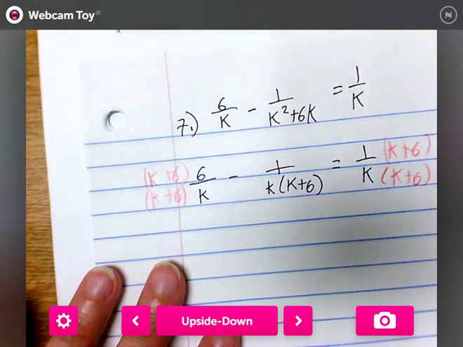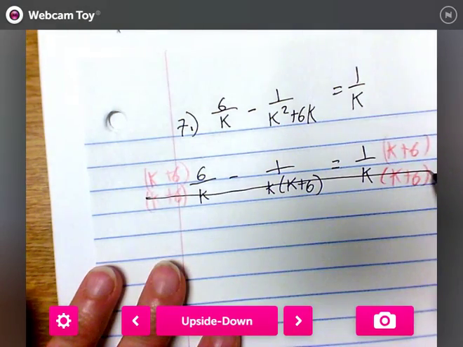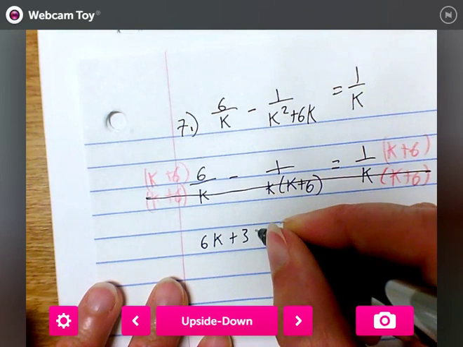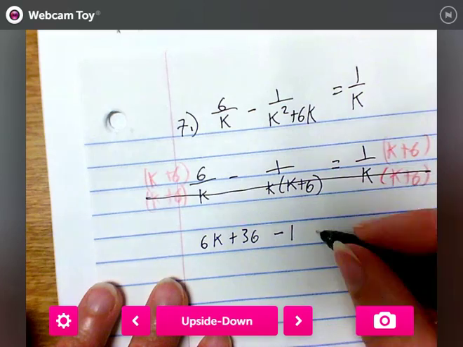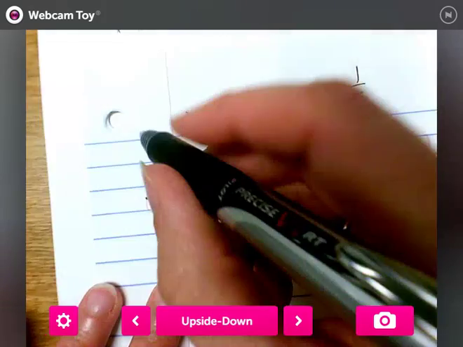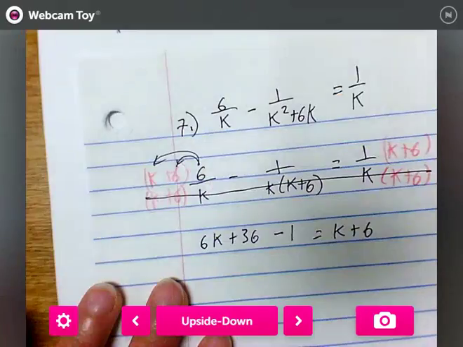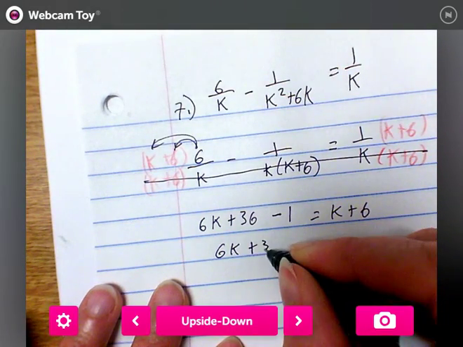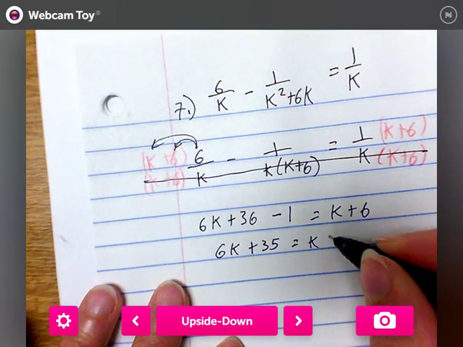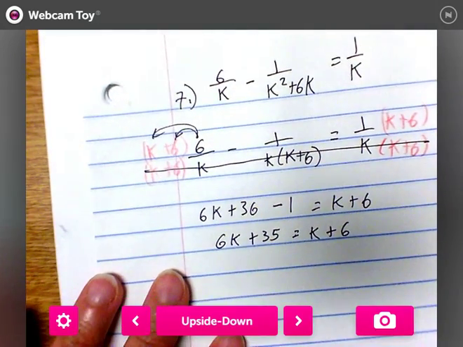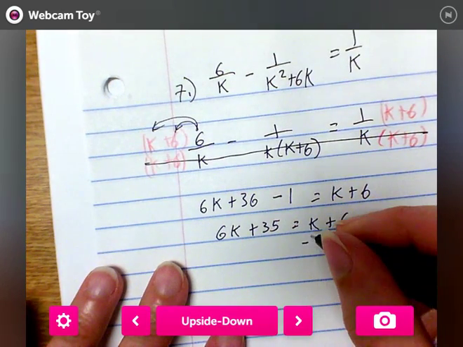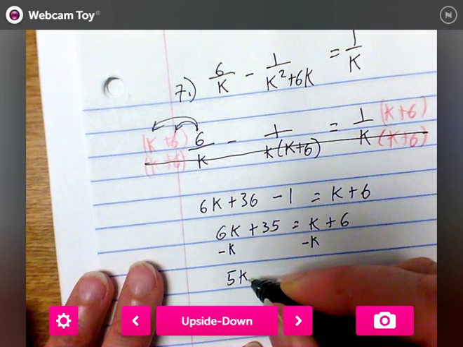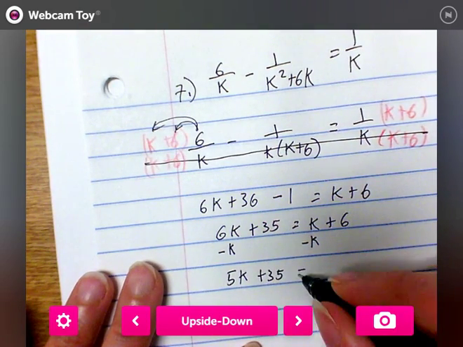Okay. These all cancel out. And I'm going to be left with 6k plus 36 minus 1 equals k plus 6. Do you guys see how I distributed as I went? Yes. Okay. So now I'm going to combine like terms, and I get 6k plus 35 equals k plus 6. Now I'm going to get all the k's on one side, so I'm going to subtract k from each side. 5k plus 35 equals 6.